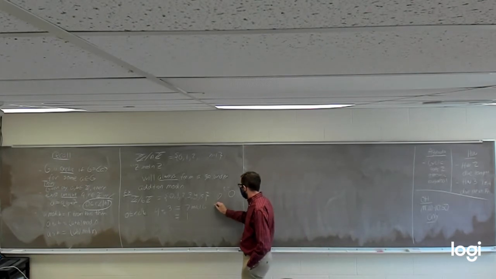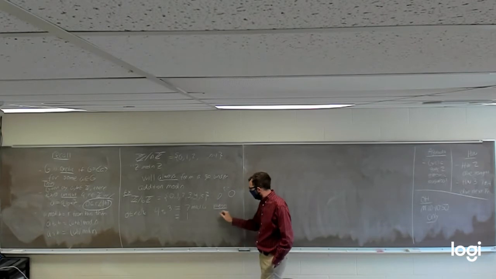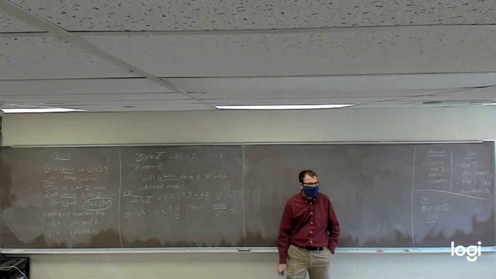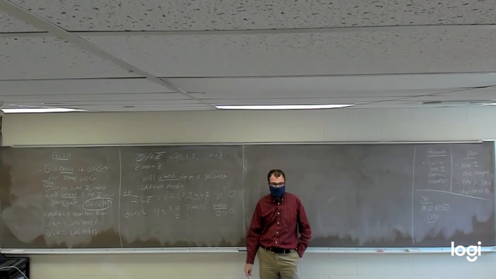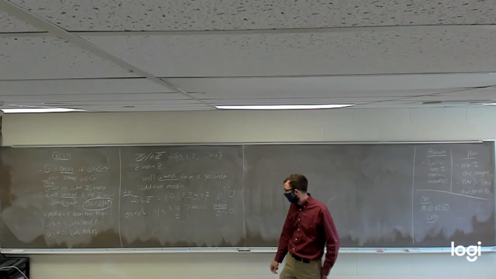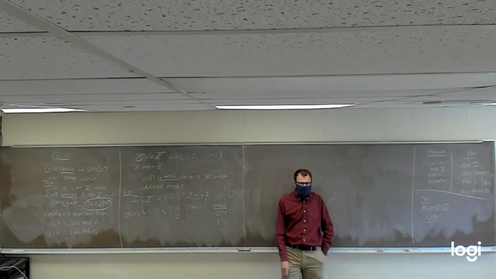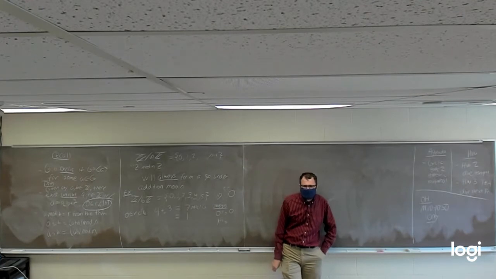Let's see if we can find some inverses. I'll do the hard one. 0 is going to be its own inverse, because in any group, the identity element will always be its own inverse. What would the inverse of 1 be?